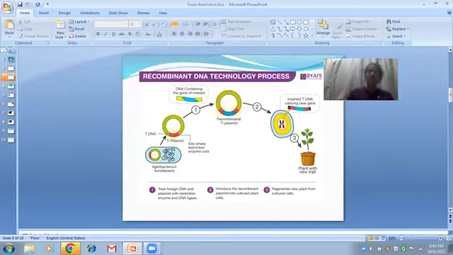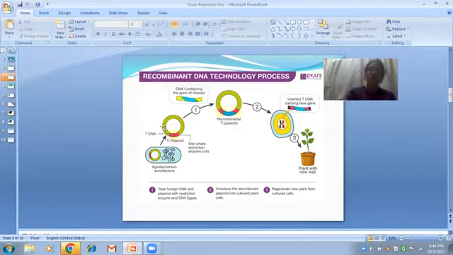Now I am going to explain this in a simple process. For example, take Agrobacterium, which contains plasmids. The plasmid is extra-nuclear or extra-chromosomal material. It has the capacity to multiply very easily. So we can use these plasmids for the transfer of desirable genes from one organism to another.